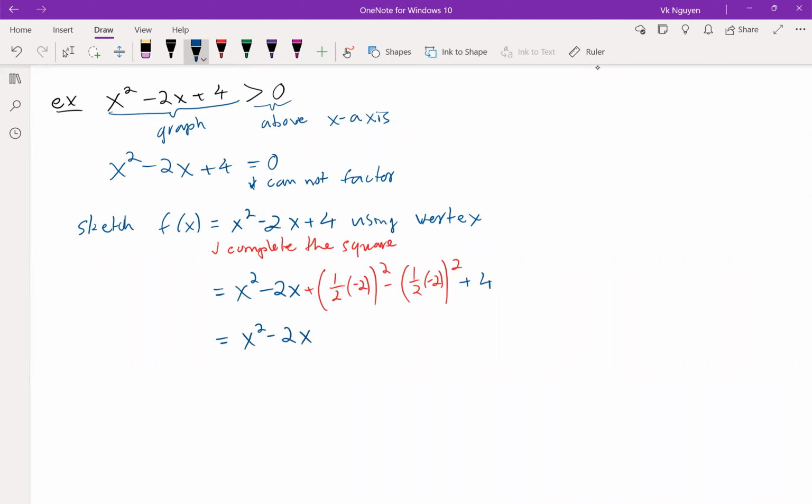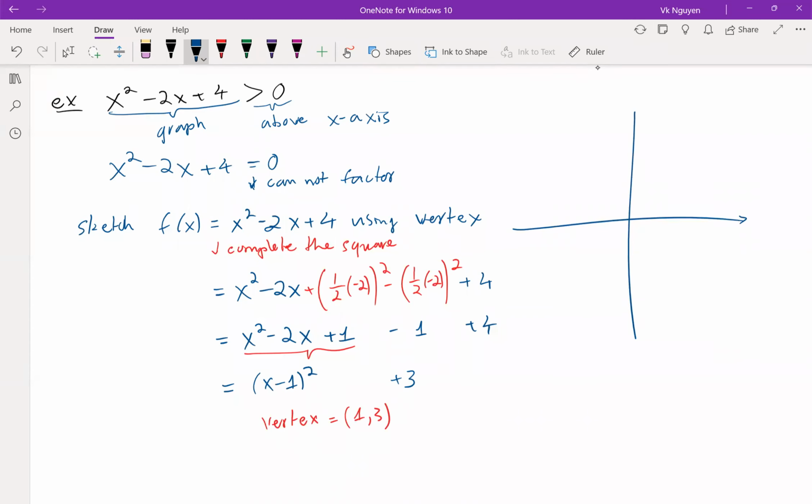X squared minus 2x plus 1 minus 1 plus 4. X squared minus 2x plus 1 factors to x minus 1 squared, minus 1 plus 4 is plus 3. Vertex is 1, 3.